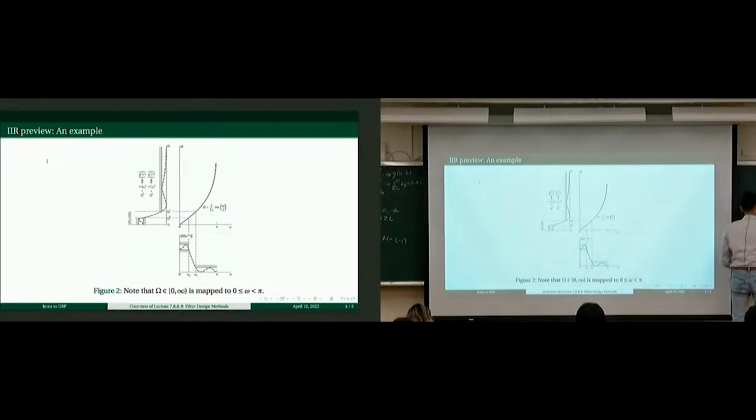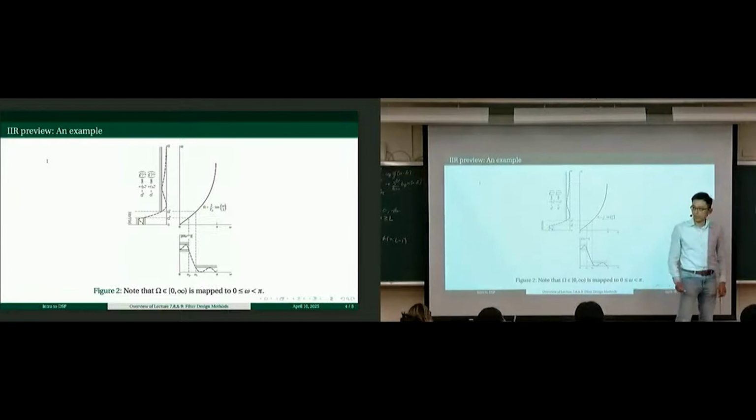Between big omega and small omega, there will be this tangent relation. Or if you just do the opposite, omega is 2 times the arctangent of omega times that parameter divided by 2. You can write that, whichever way you would prefer.